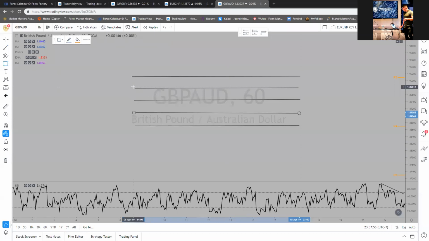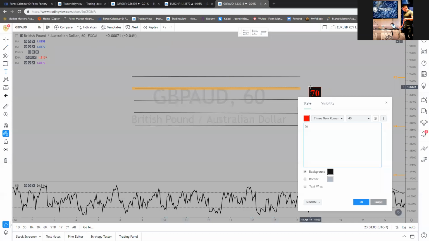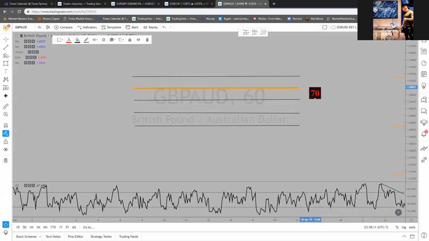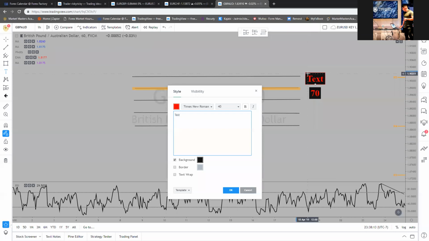So this one right here, this one is the 70. Okay, so we have the 70 that's right there. We have the 100 that's the very top.